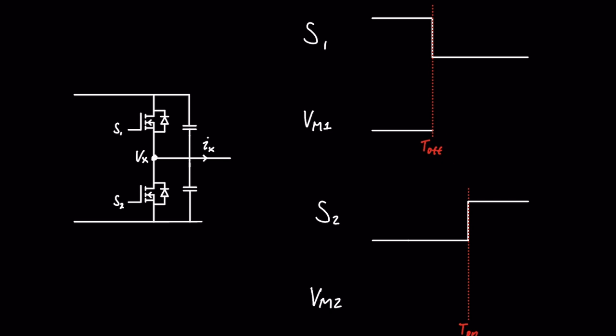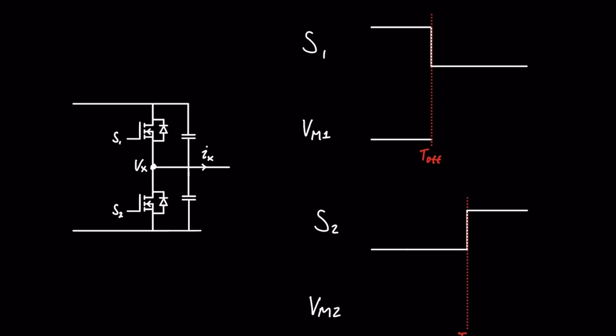So now we just have the half bridge here, and you can see that we have two signals going into the MOSFETs, one signal for each MOSFET. VM1 is the voltage over the MOSFET with the signal 1, and the same for VM2, which is this voltage, basically Vx.